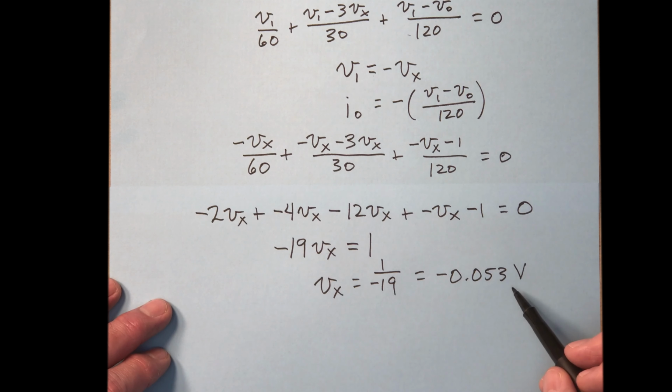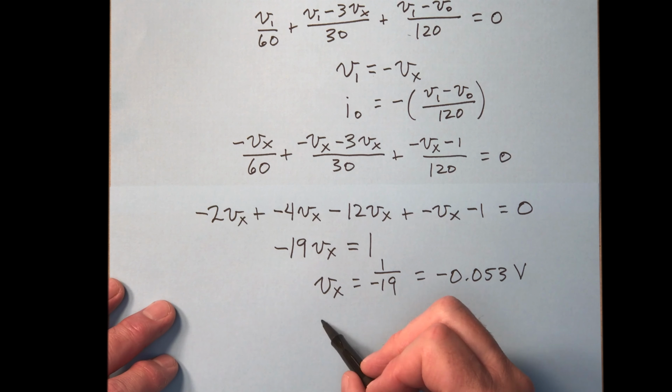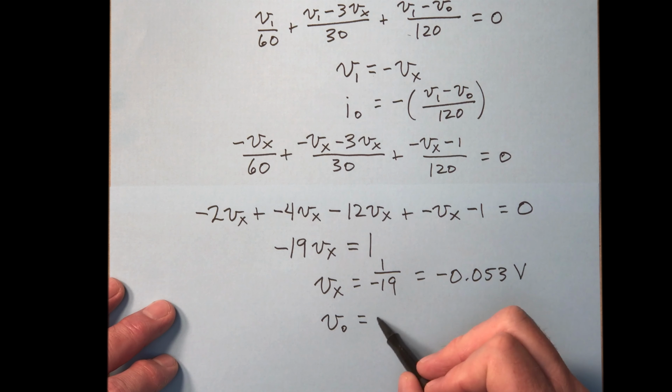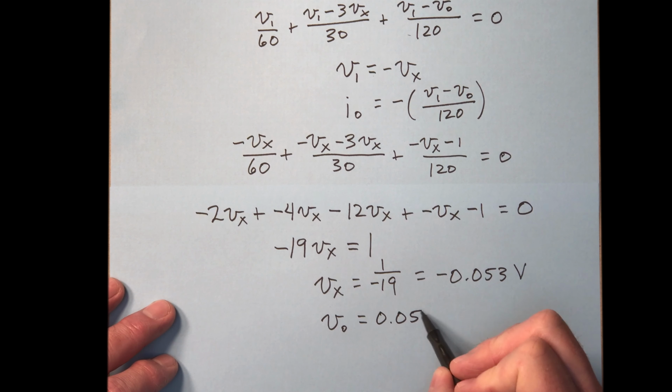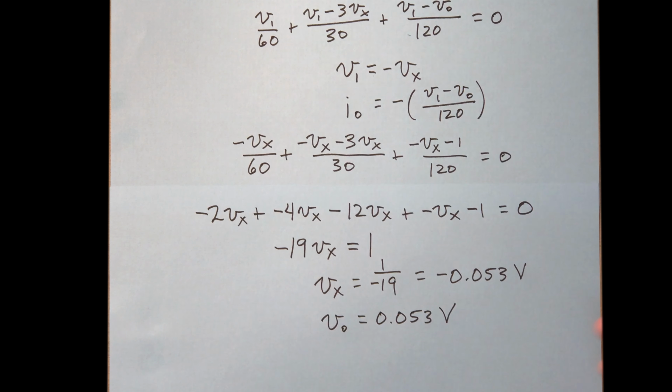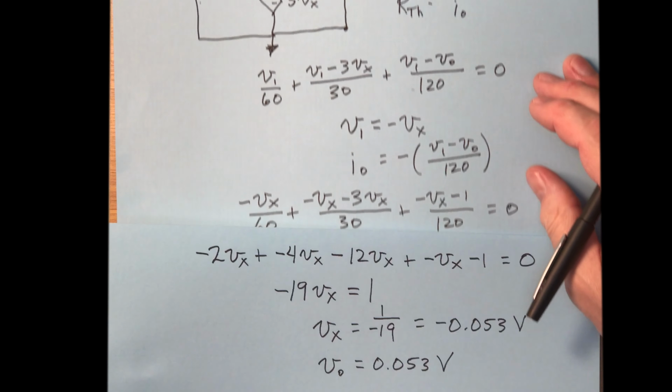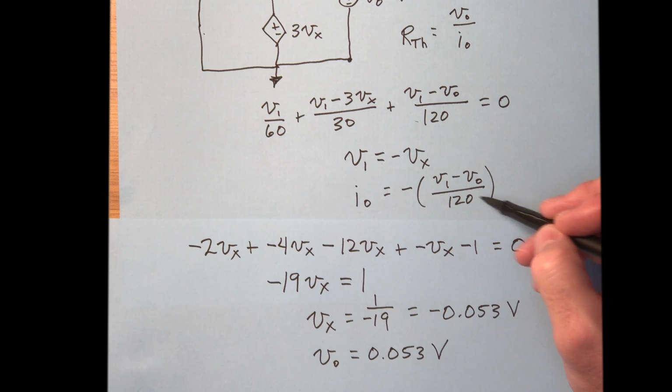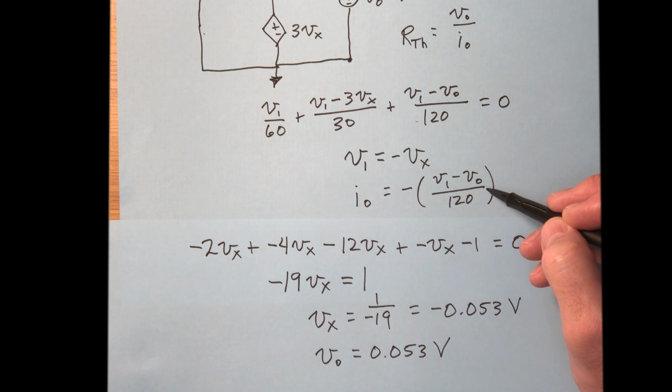So there's our value for v sub x. That means v naught is going to be 0.053 volts.